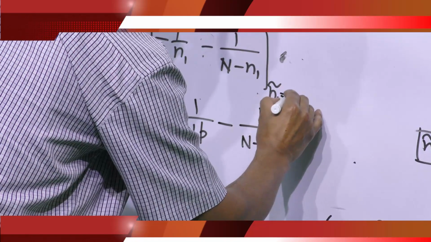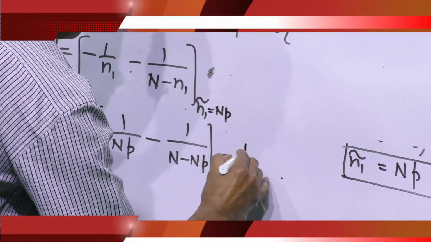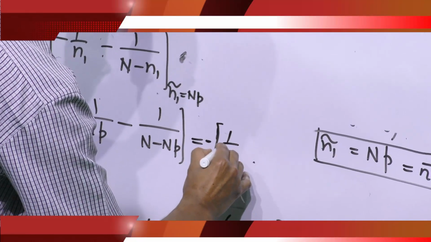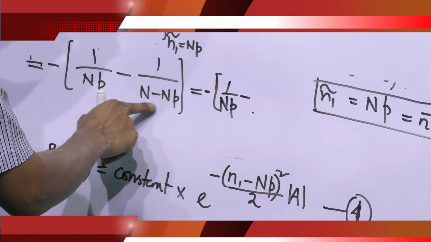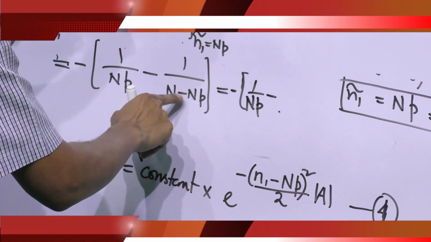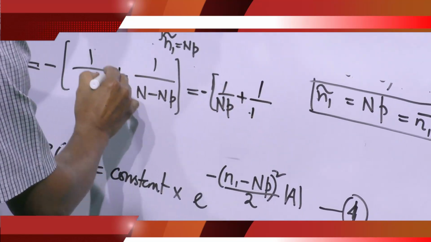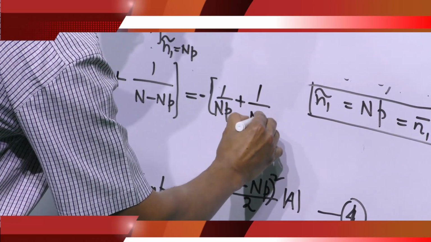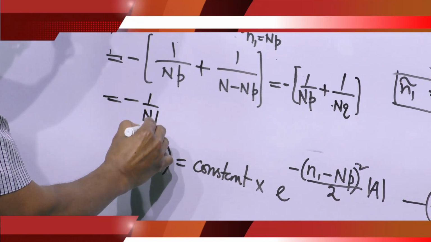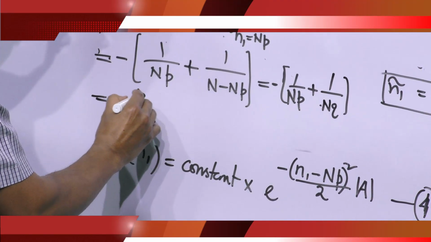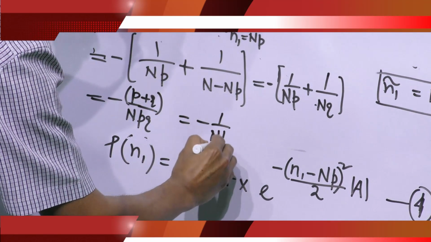This is n times (1 minus p), and 1 minus p is q, so this is minus 1 over nq. This gives us minus (p plus q) over npq, which is minus 1 by npq.